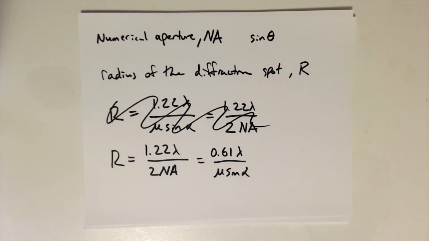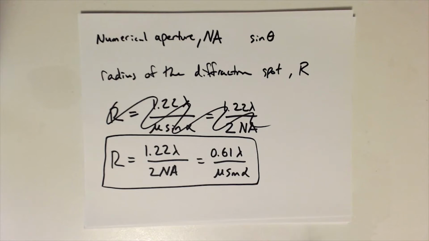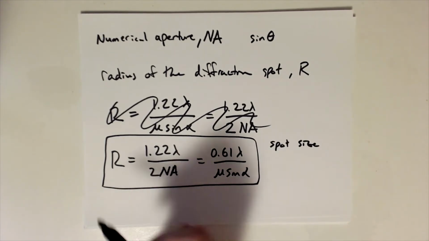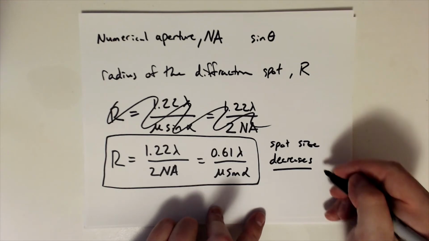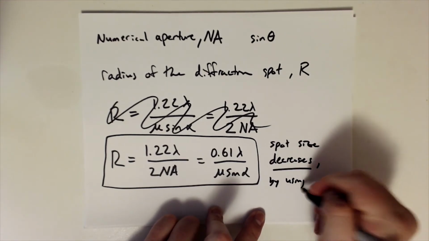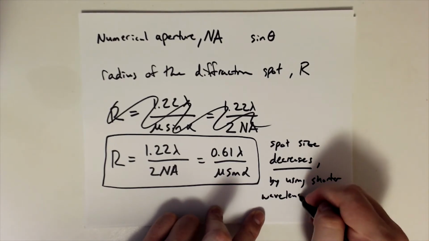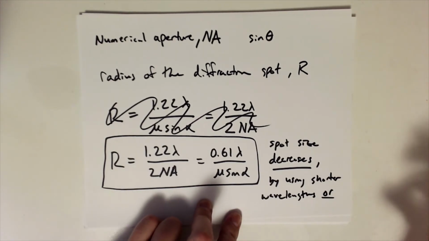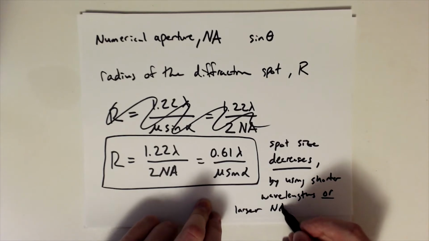All right, so the main thing I want you to take away from this expression, we'll come back to this in other ways, is that our spot size, so our radius, decreases by using shorter wavelengths, but also by looking at larger numerical apertures.